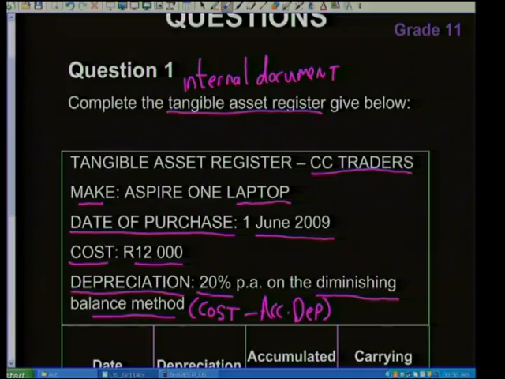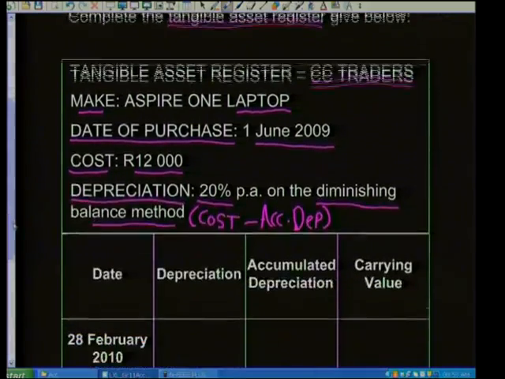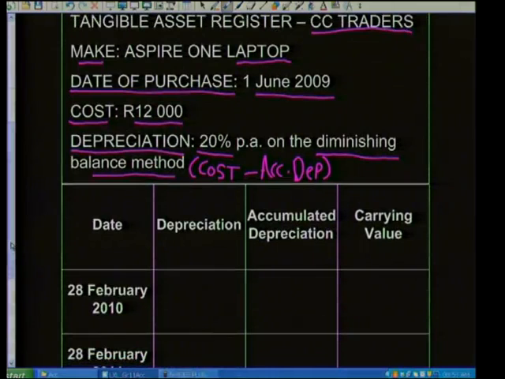Okay, right. Further down, we've got the following table that is given to us as part of this tangible asset register. So we've got the dates, and this refers to year end, the various year ends for this particular asset.